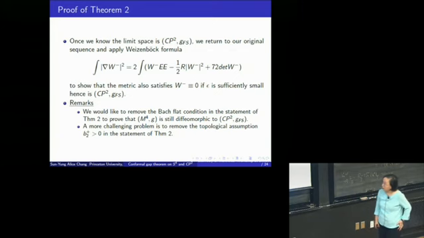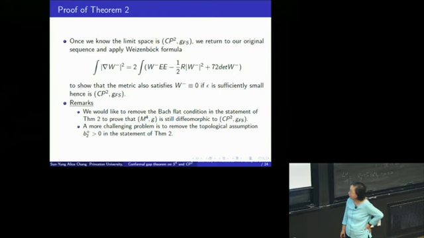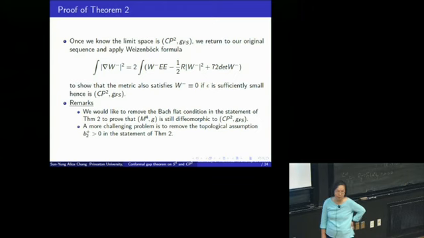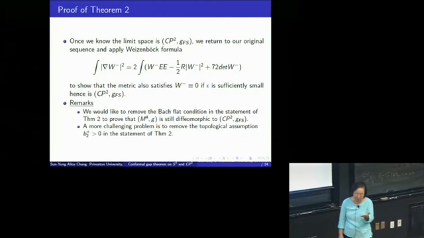Okay. And so the two remarks I would like to make: first, the Bach-flat condition is there to help us have an elliptic PDE to play with. It is natural to hope that this Bach-flat condition can be replaced by some other parabolic type condition, like a flow.